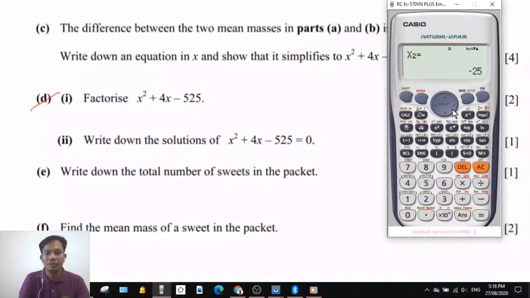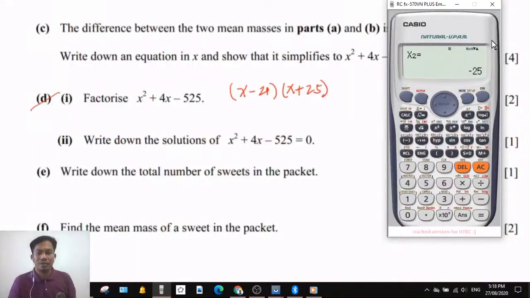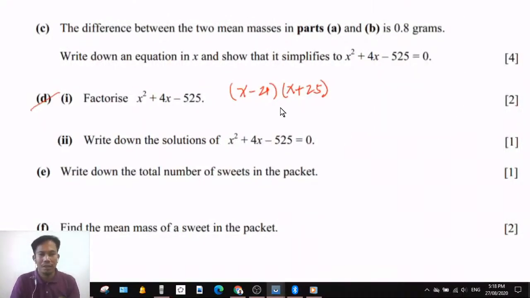A while ago it is 21 and negative 25. I'll put x minus 21 and x plus 25. Okay? Immediately you can give your answers if you have your calculator, right? x minus 21, x plus 25.